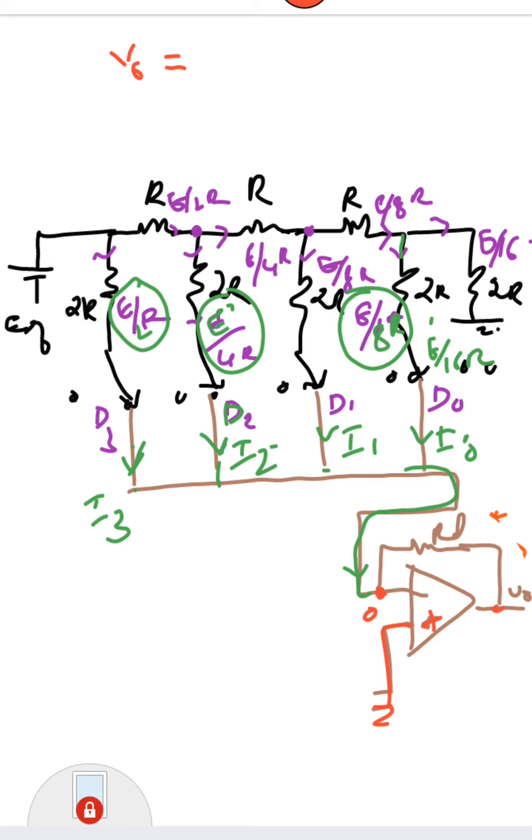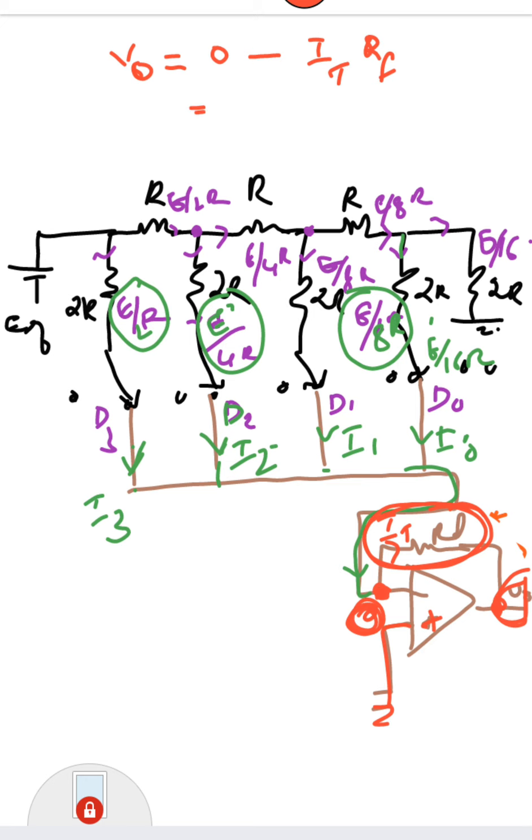So the output voltage is equal to 0 minus, assume that I total is the current flowing through this branch. So what is the voltage drop? 0 minus I total into RF is the output voltage, because here the voltage is 0. So 0 minus the drop across the resistance, 0 minus IT into RF is the output voltage V0.